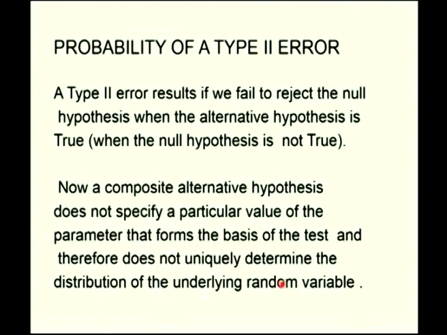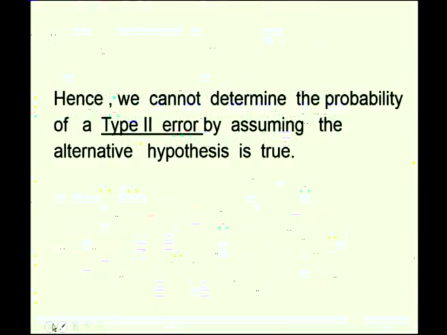We cannot say what distribution the particular random variable follows. Hence, we cannot determine the probability of a type 2 error by assuming the alternative hypothesis is true, whereas we can determine the probability of type 1 error by assuming the null hypothesis is true.